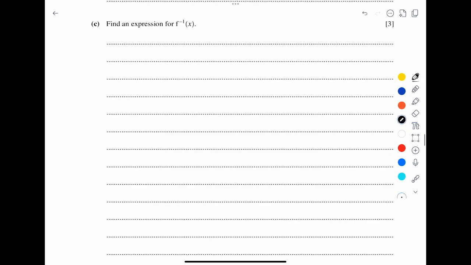To find the inverse here, there's actually a very neat trick. We know that f(x) is equal to 1 plus 6 over x minus 3, which we can then convert into f(x) is equal to x plus 3 over x minus 3 by simply utilizing the common denominator x minus 3.